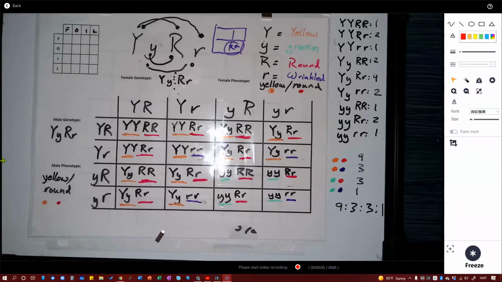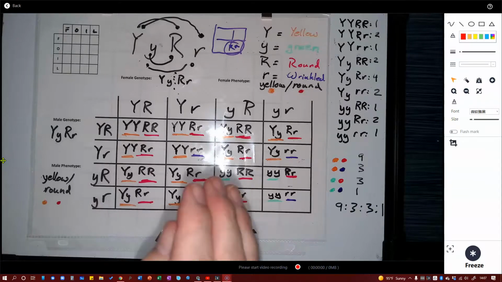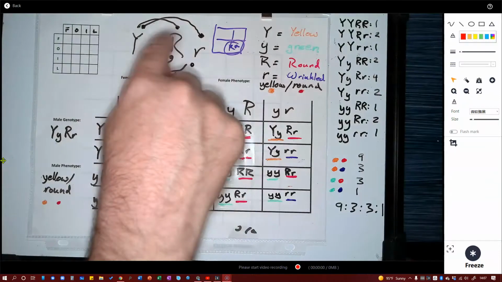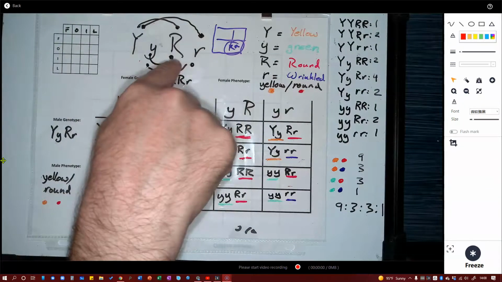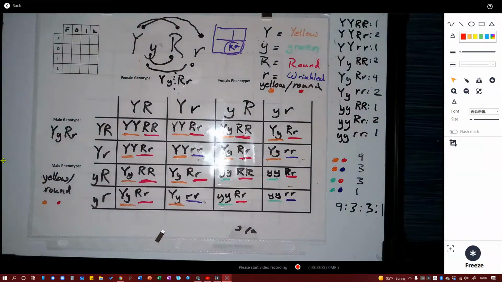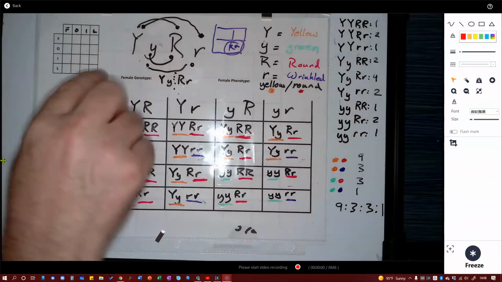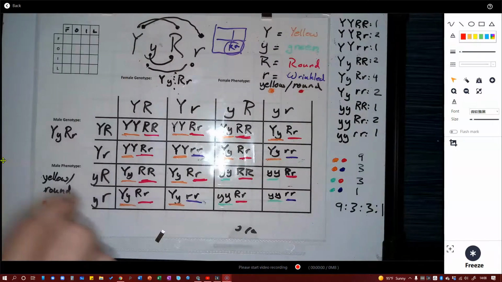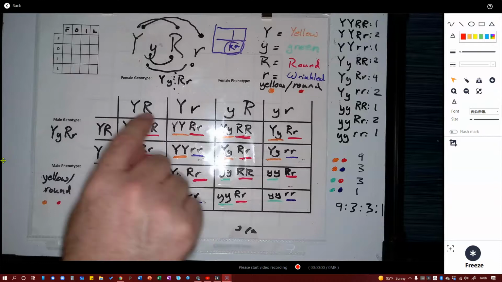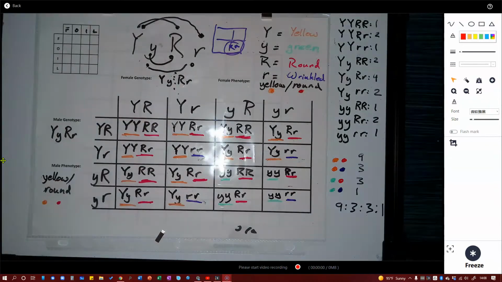Okay, one way to keep from getting confused is to always remember that in any pair of alleles, you're always going to list the dominant one first. That helps a little bit regardless of whether you're reading the column or row. And always keep the same order of genes as you're writing things down.